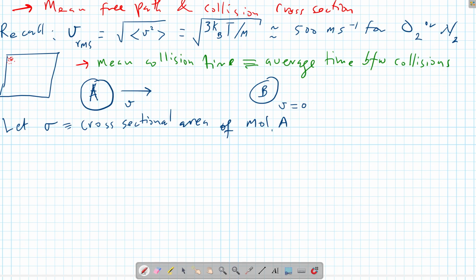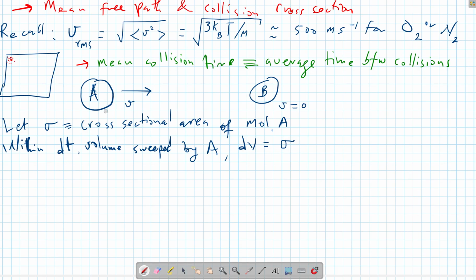So with the scenario described, let's say within a time interval dt, the volume which is going to be swept by molecule A, if we call that volume dV, is going to be the cross-sectional area of molecule A. So molecule A has some cross-sectional area.